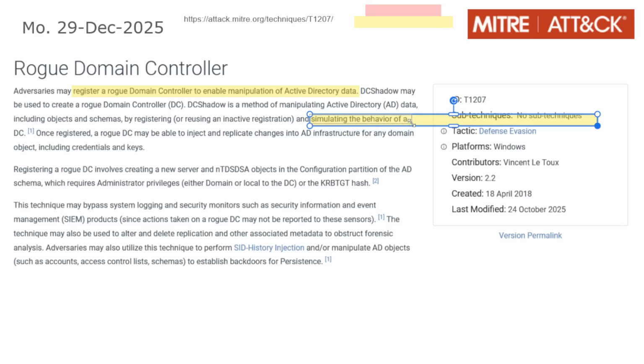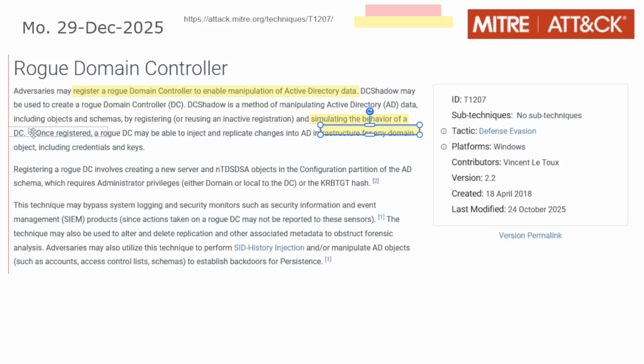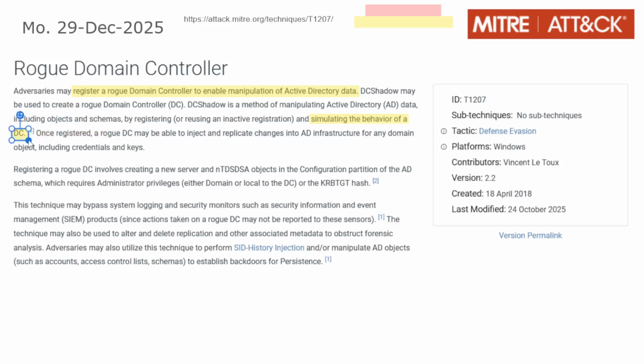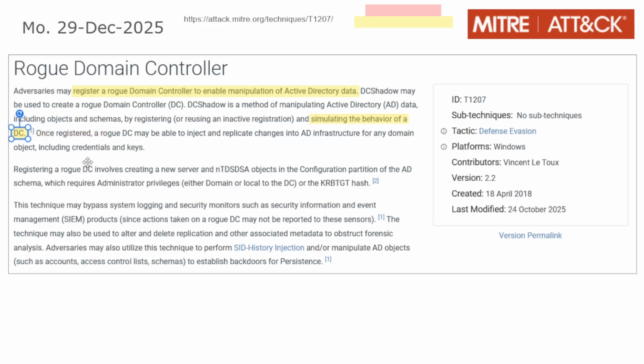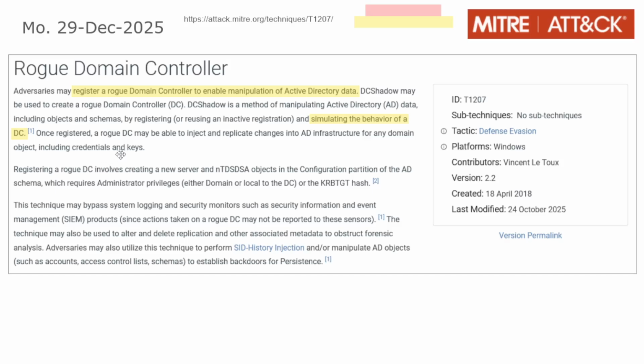And I'm eager to read what ideas they have to detect this. One idea is obviously to know how many DCs you should have, and if there's one additional, that's a rogue domain controller. Once registered, a rogue DC may be able to inject and replicate changes into the AD infrastructure for any domain object, including credentials and keys. And that's what it is all about, credentials and keys.